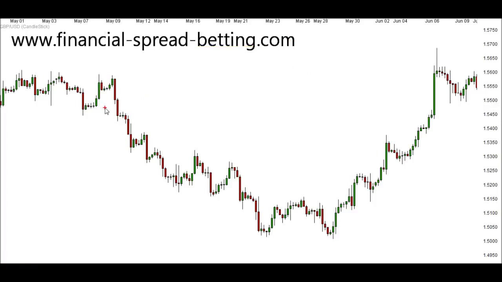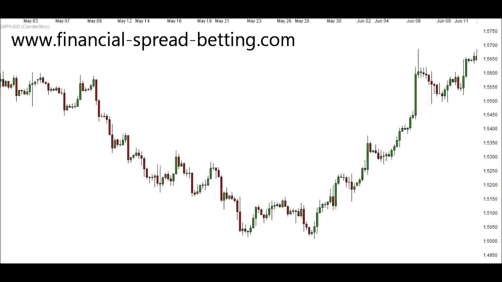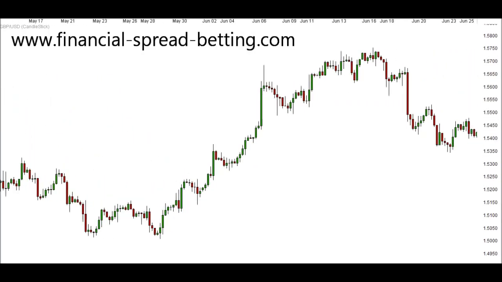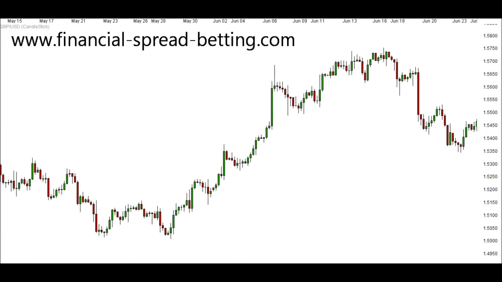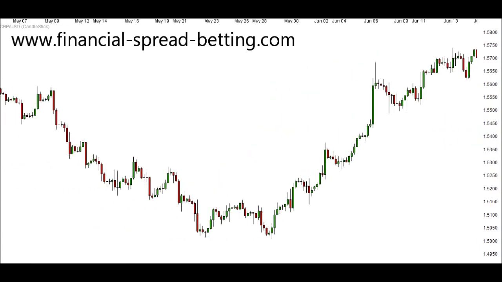So in this video we're going to look at the characteristics of an end of a trend. What happens when a downtrend comes to an end, and when an uptrend comes to an end, and also when a range comes to an end. In front of me I have the same historical price data I've used in the other videos. This is the pound against the dollar being May, June and July of this year.